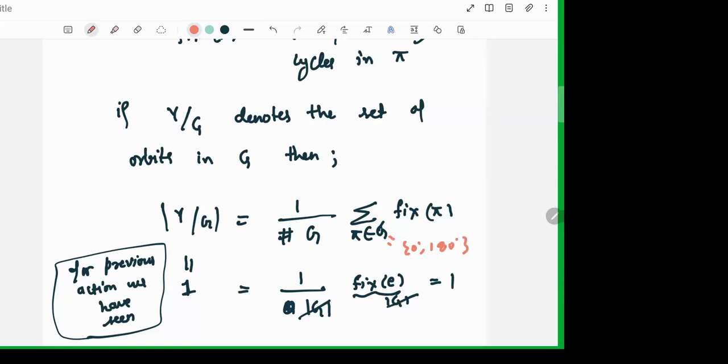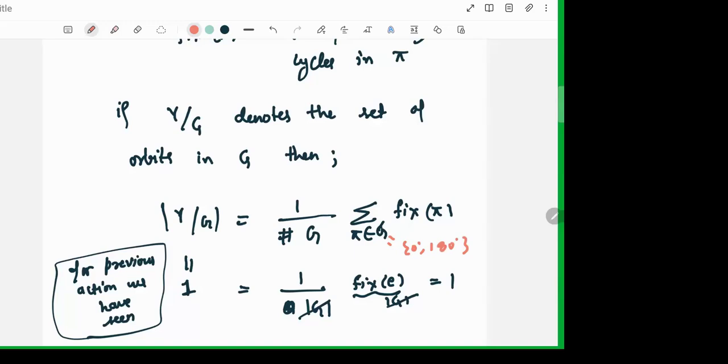So here you have two elements, so fixed of 0 degree, and everything gets fixed under 0 degree because this is the identity. And for 180 degrees, you have to identify how many are getting fixed. Then we can use this to get the number of orbits under this action.